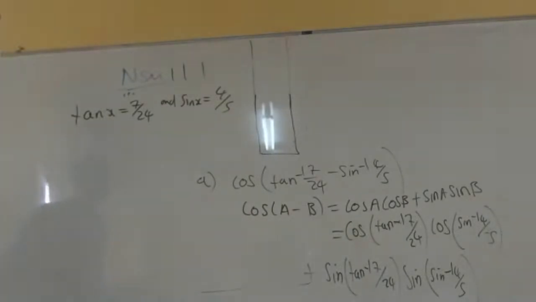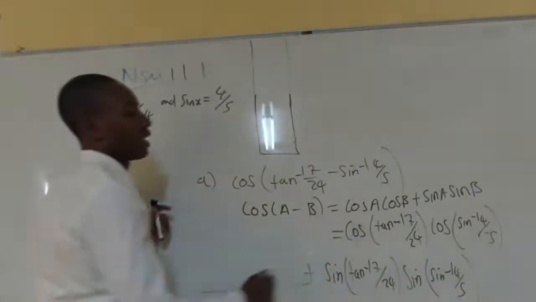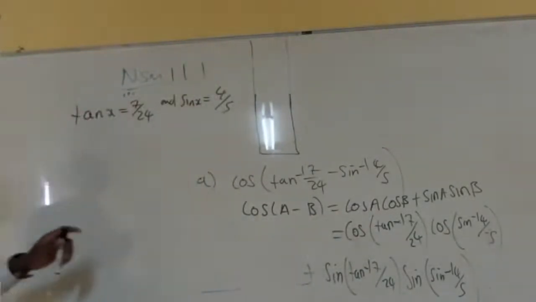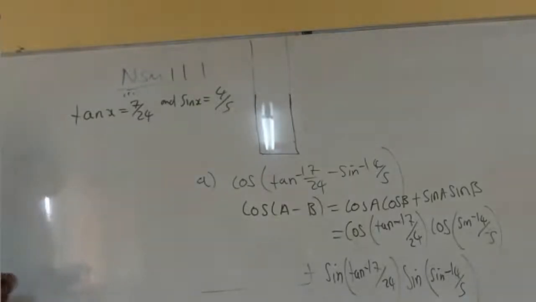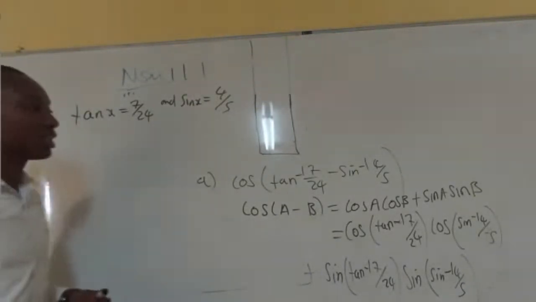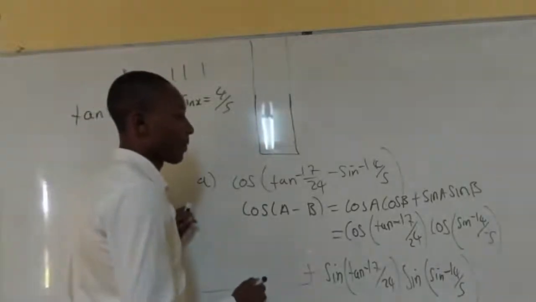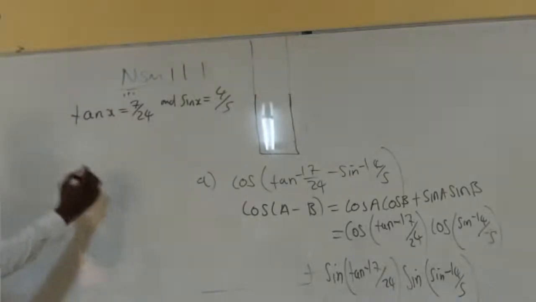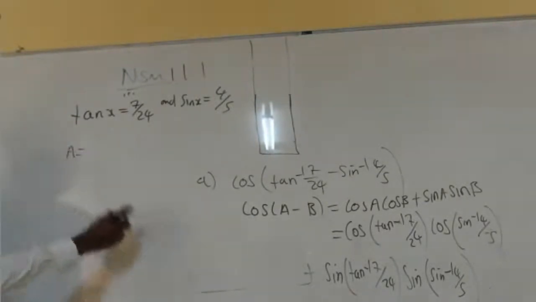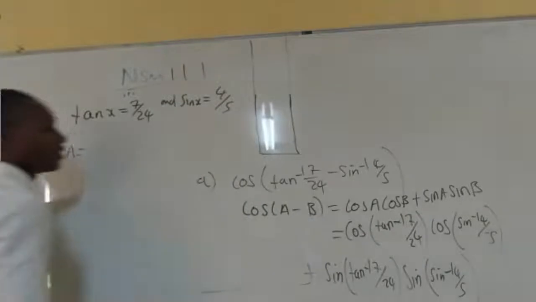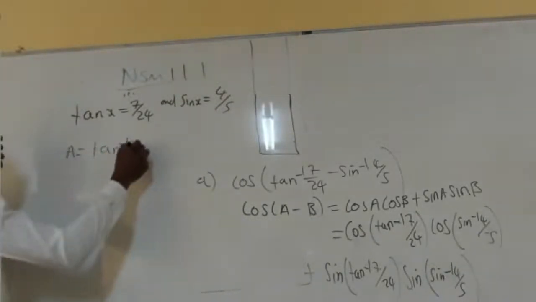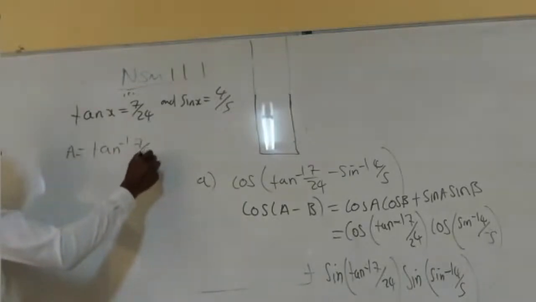If you are going to compare these, let's say A here is tan inverse of 7 over 24.